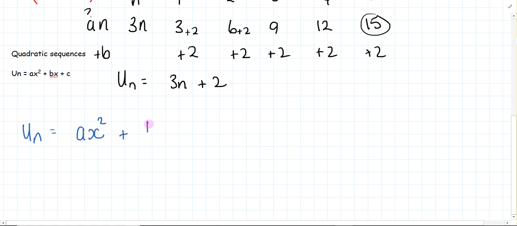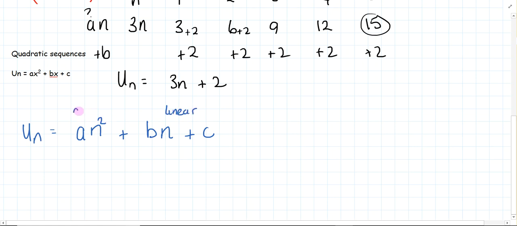Plus a linear component, b n, and then maybe a constant. Now the constant bit, we know what. The linear bit we can deal with.